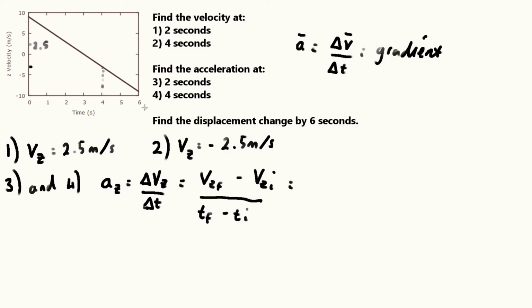We're going to choose our final time to be 6 seconds, so therefore the final z velocity is going to be minus 9 meters per second. As you can see, it's nearly touching minus 10.